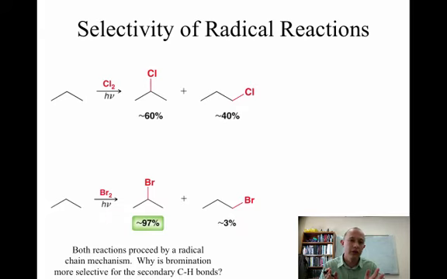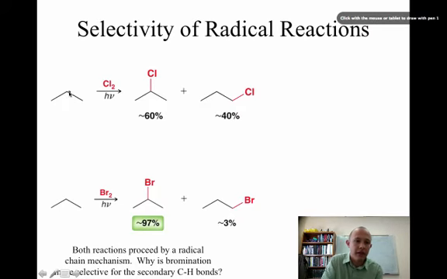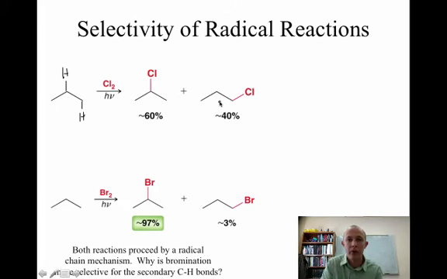Now we can form two different products, right? We have a secondary CH bond, and we have lots of primary CH bonds. So if we remove one of these hydrogens or one of these hydrogens, we'll get the same product, which is just 1-chloropropane. Notice that chlorination is slightly selective for secondary over primary.